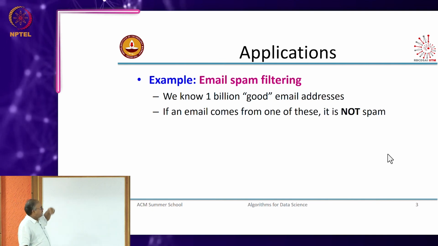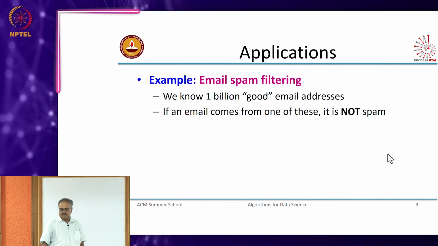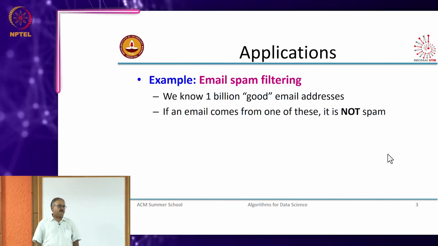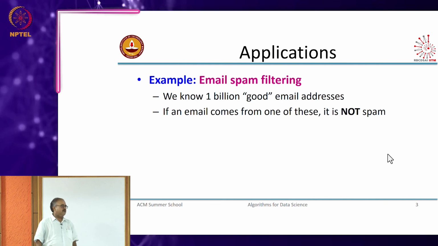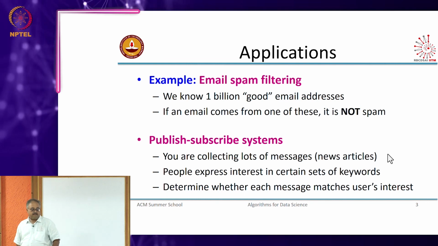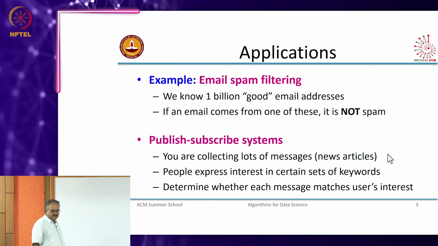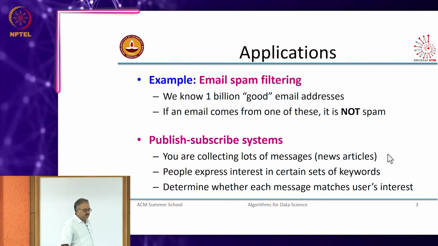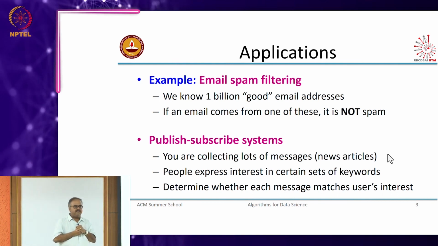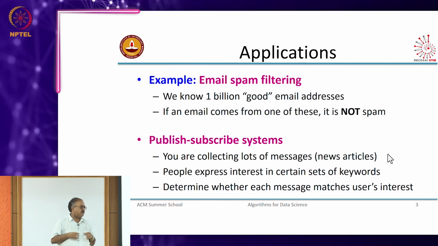So here is an example, like a billion good email addresses, and if an email comes from one of those, it is not spam, regardless of whether they are writing about Nigeria or not. It is not spam if it comes from that email address, right. And then there are these publish subscribe systems. The idea is that you publish a lot of content out in the world, but people are interested only in some fraction of the content, some subset of the content.